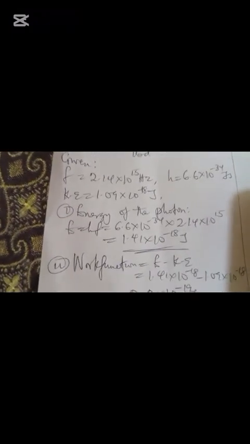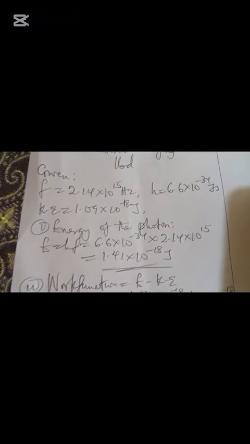They asked me to find the energy of photons. Everybody knows that the formula for energy of photons is E equals HF. So putting it together, we have this answer.